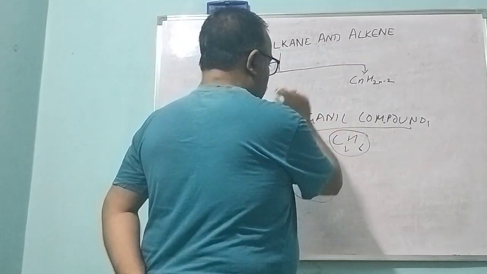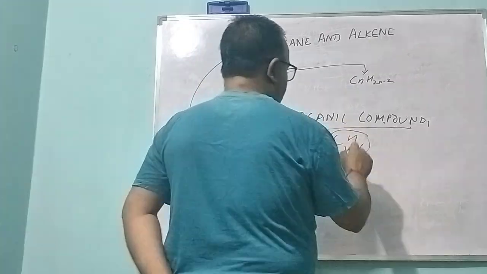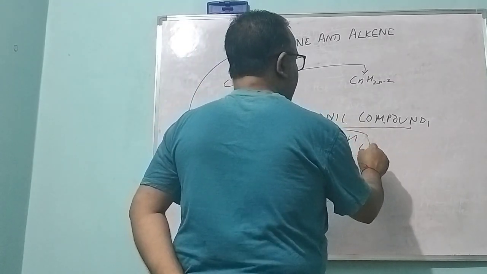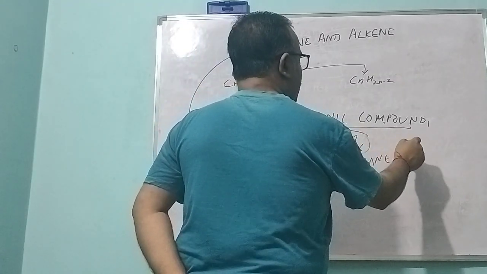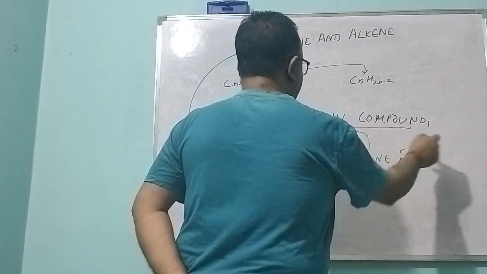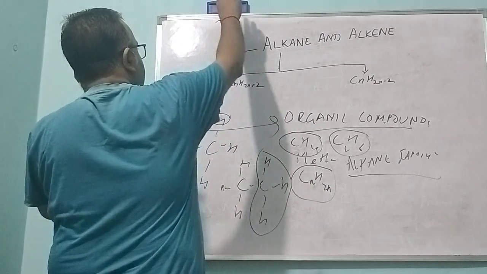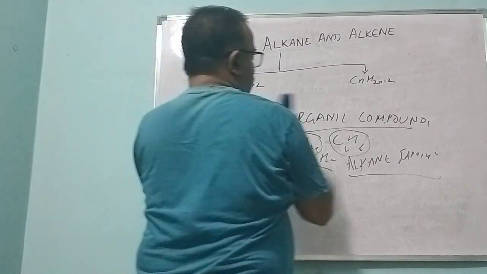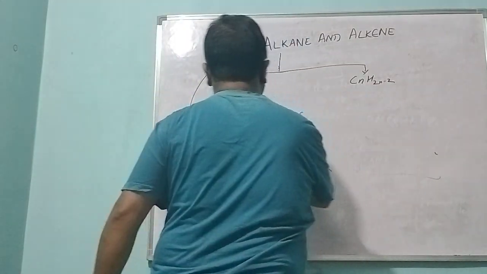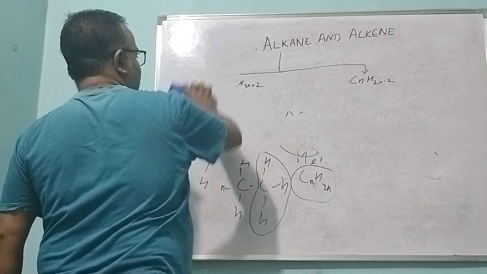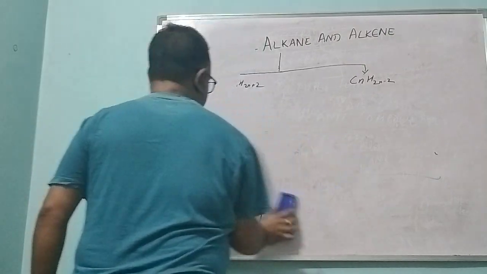What that means is the entire alkane family is a saturated hydrocarbon, which means they cannot accept any other organic compound, any other elements to react in most of the cases. Now, alkane.